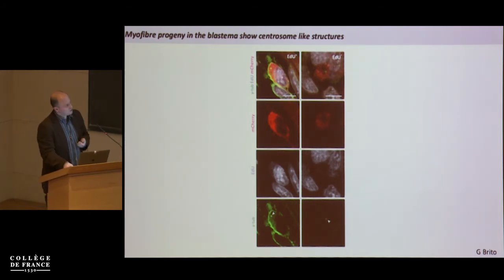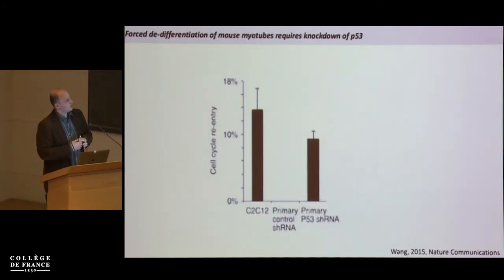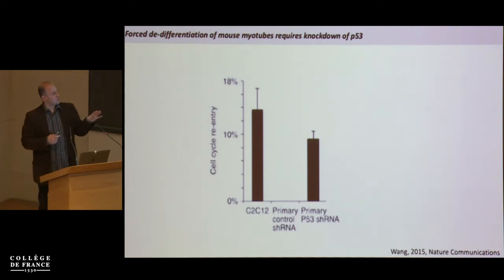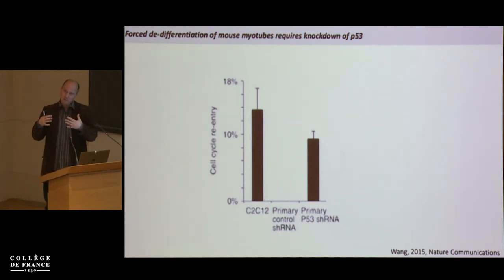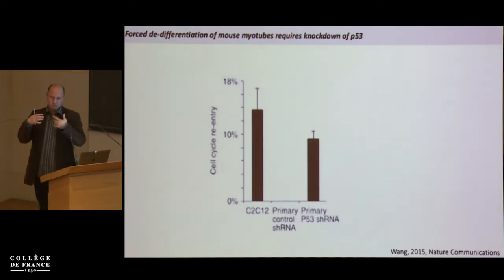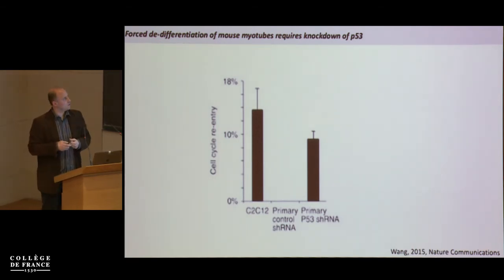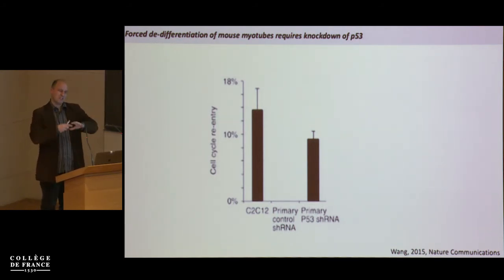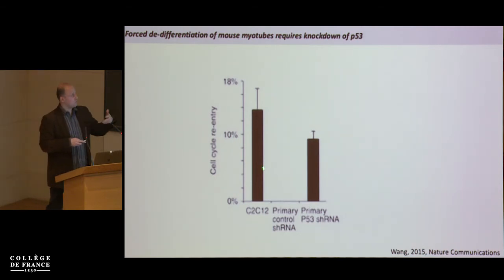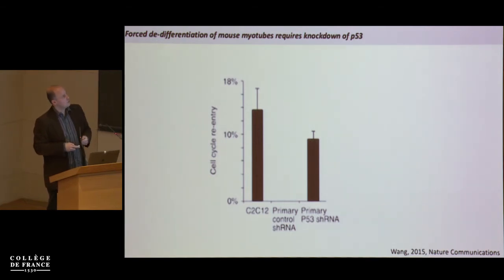counterparts. And actually, in earlier studies, we have seen that when we force mammalian myotubes to de-differentiate with methods that we have learned from our Newt studies, while if you do that with C2C12 cells, which is a myogenic cell line, which has been cultured for 40 years, they do re-enter the cell cycle if we force them to de-differentiate.